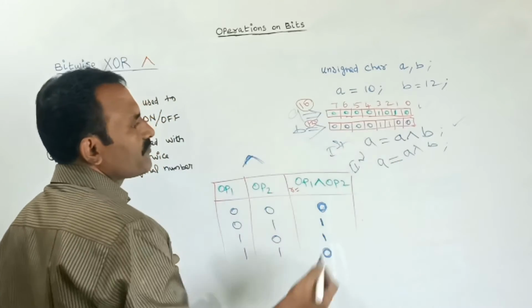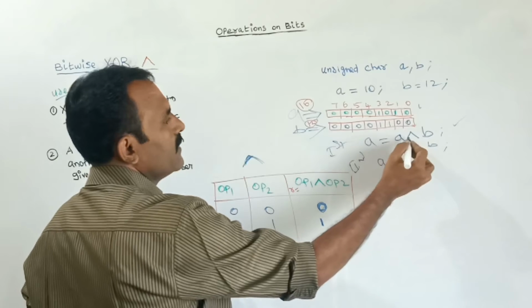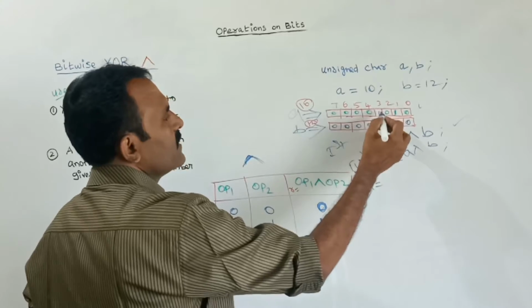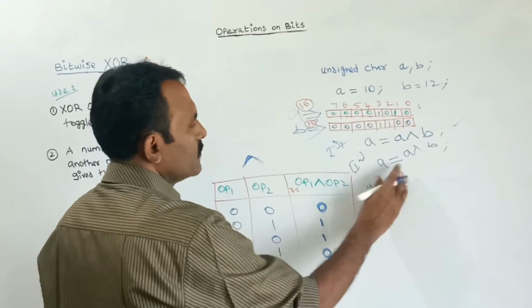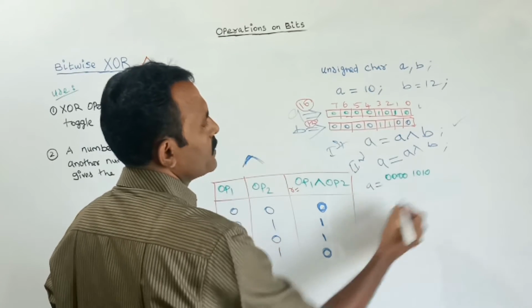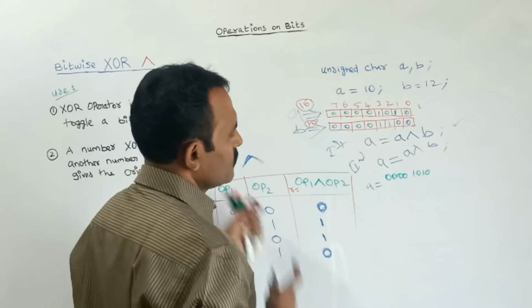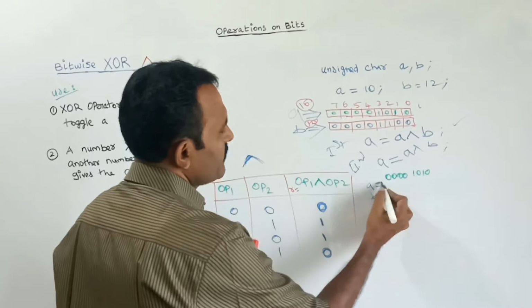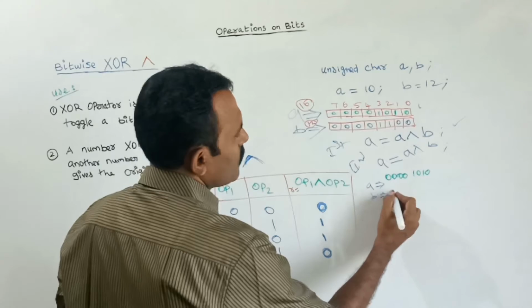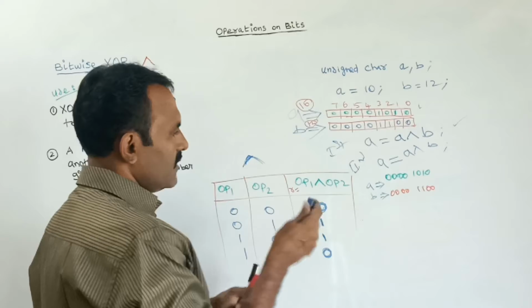So first, A is equal to A XORed with B. A is equal to 0 1 0 1 0. Next B is equal to 12. If we convert 12 into binary, the result is 1100. This is the binary value of 12.